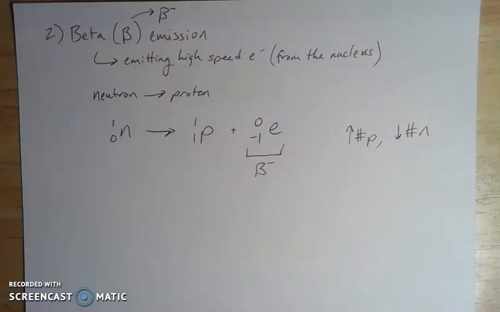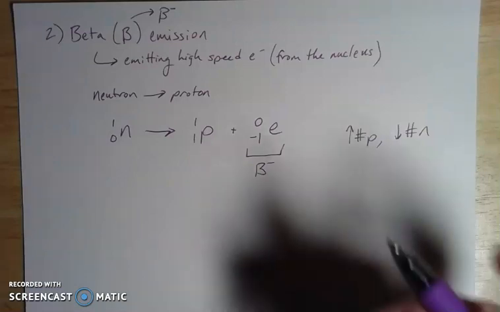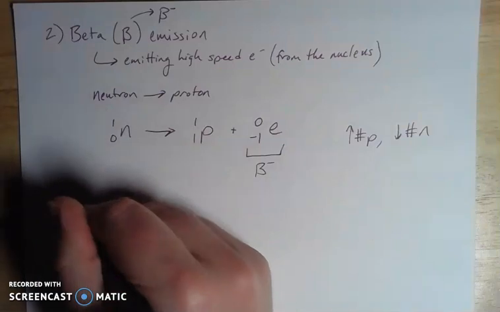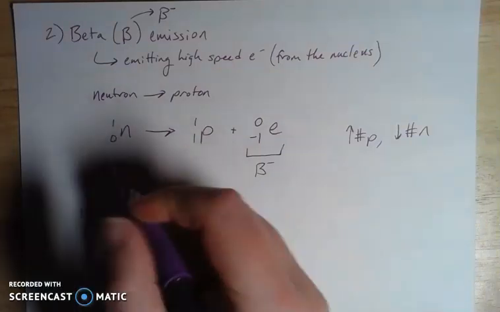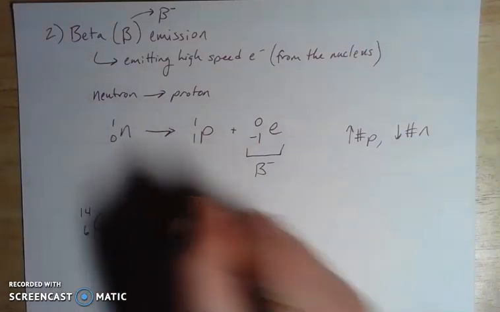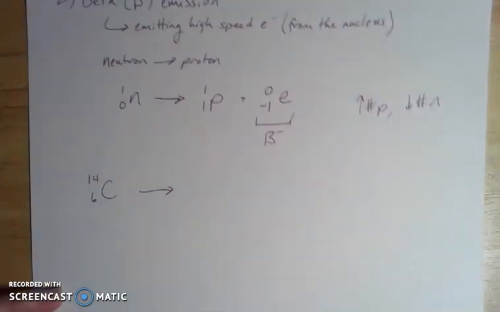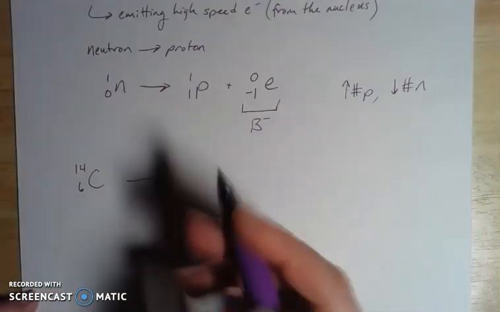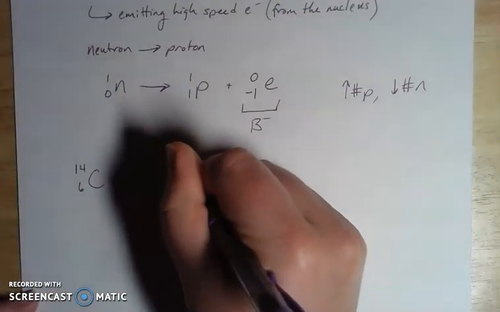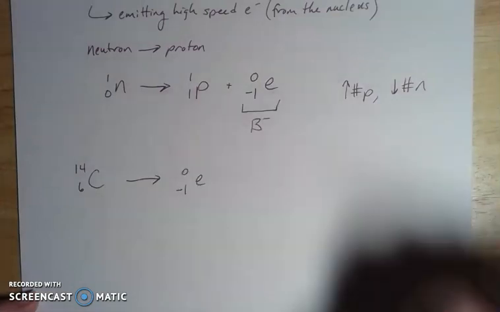So let's look at this as an example here. Let's take carbon-14, which is used in carbon dating, which I was rambling on about just a second ago. So if we look at carbon-14 with its 6 protons and 14 nucleons, and it emits a beta particle, so I'm getting rid of my electron.